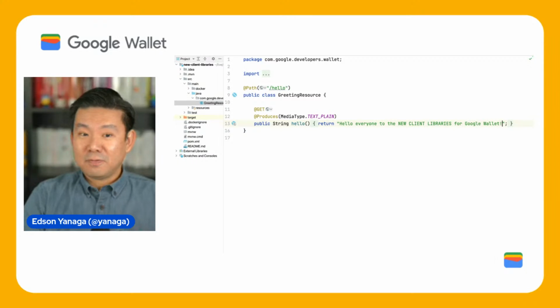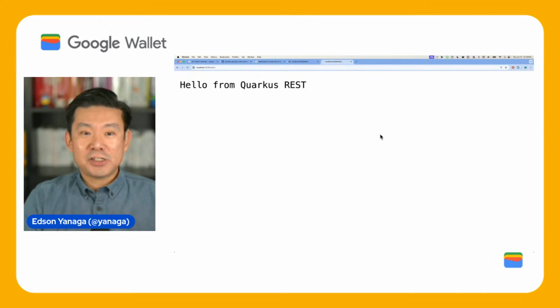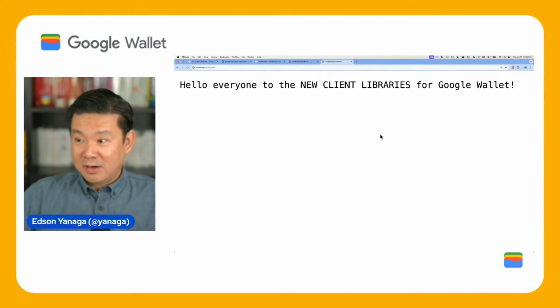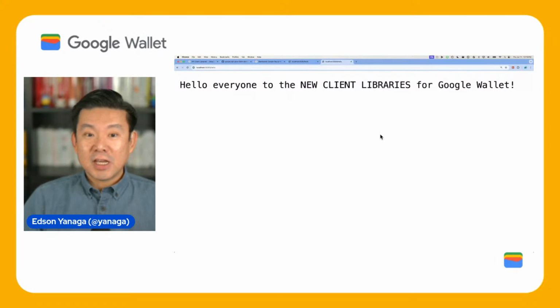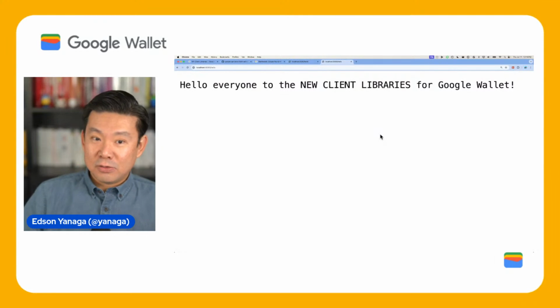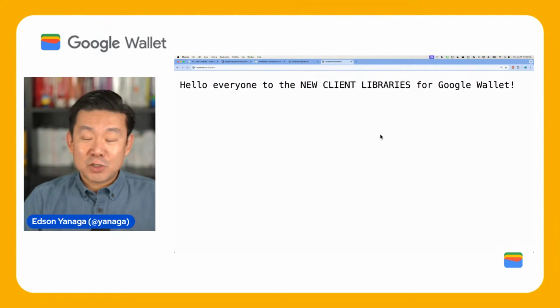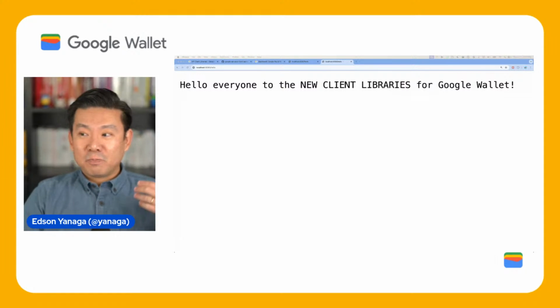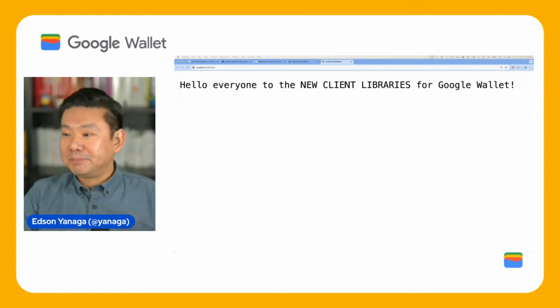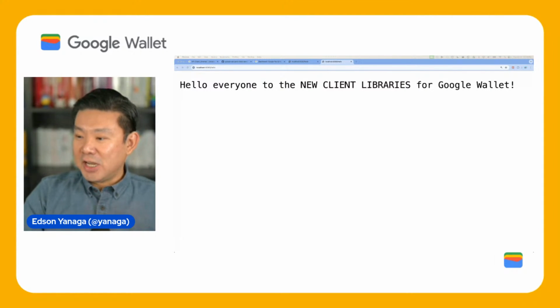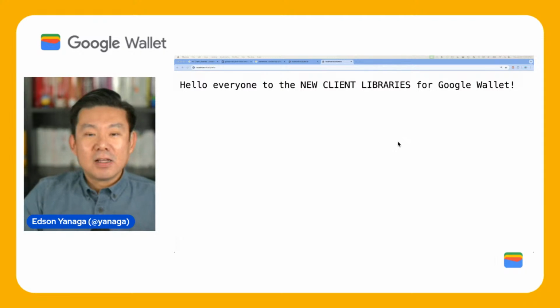And I save, and I just come here, refresh, and guess what? It's already there. So Java is still a statically compiled language, but now we have live reload, and you can see that it happens in just a matter of milliseconds. So that's why I think it's super easy for us to do this live demo in Java.